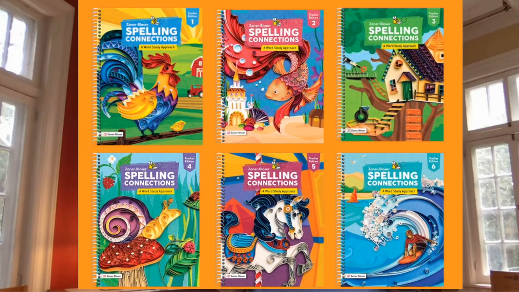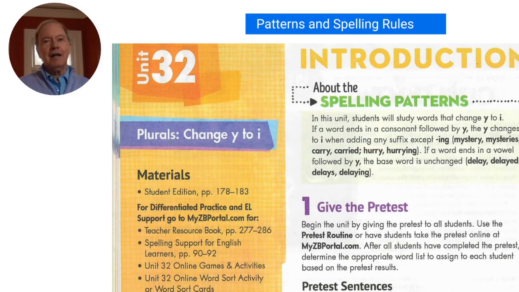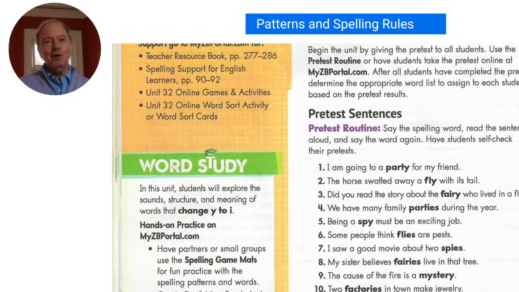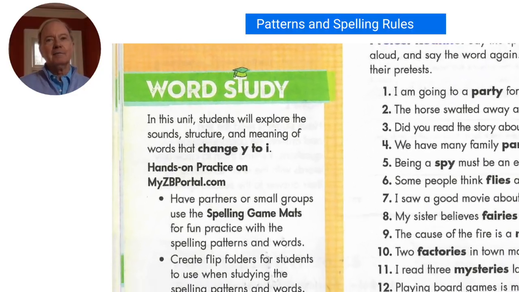That's why we give you a research-based curriculum, Spelling Connections, a word study approach which has everything you need to teach all your students the rules and patterns critical for mastery for automatic retrieval in long-term memory. This first day of self-testing engages the learner's brain with a pattern or spelling rule that they will practice each day of the week.